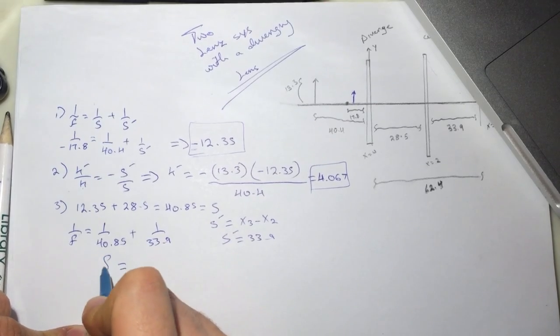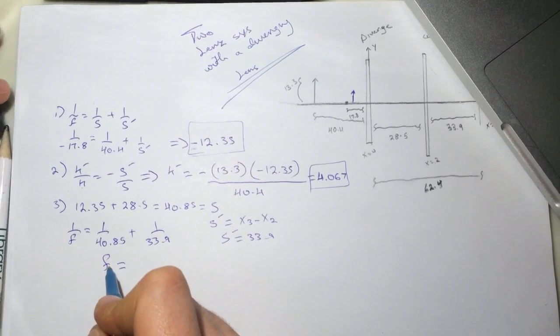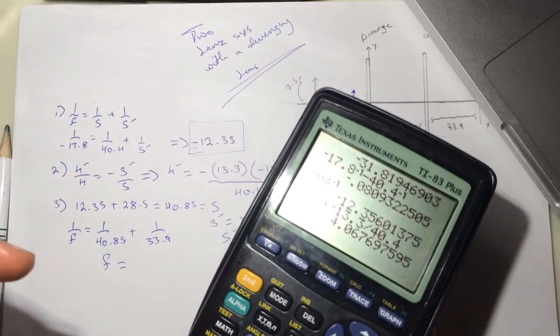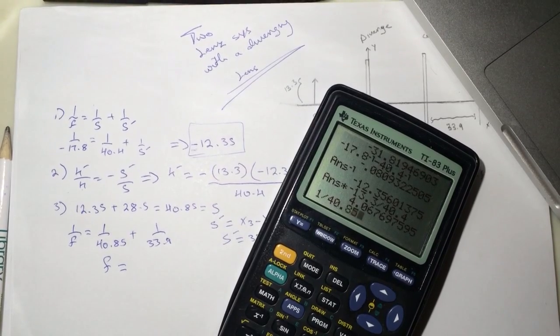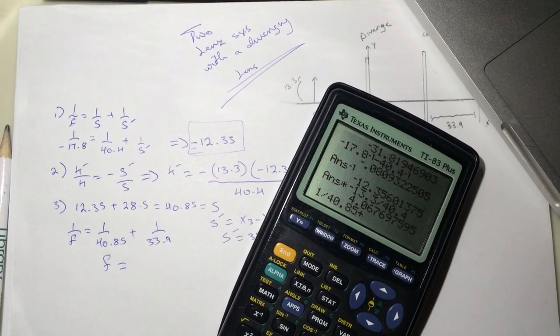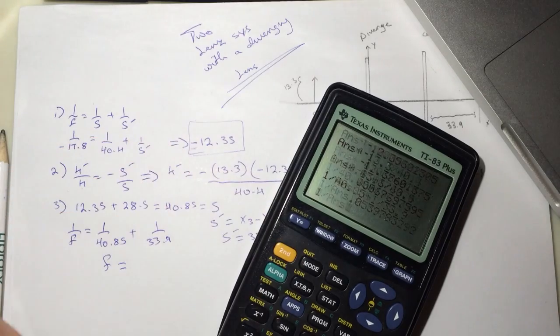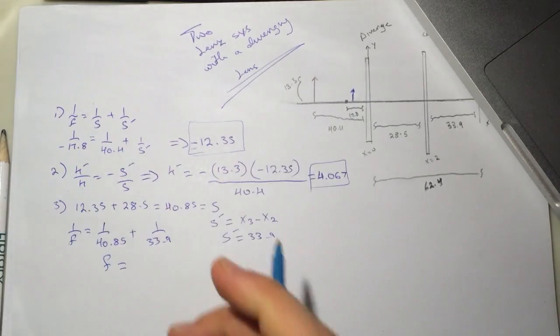And the focal point says it's converging, so my guess is it's going to be positive. Not my guess. Don't be smart. That's stupid. So 1 over 40.85 plus 1 divided by 33.9, then 1 divided by the answer. So it's 18.52.